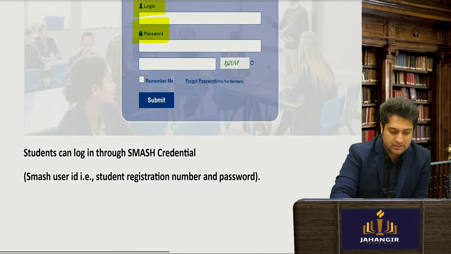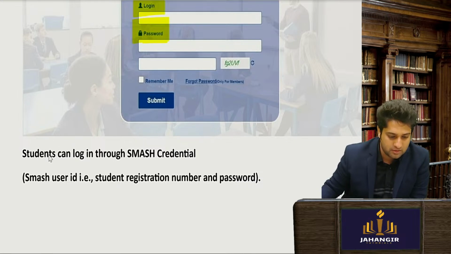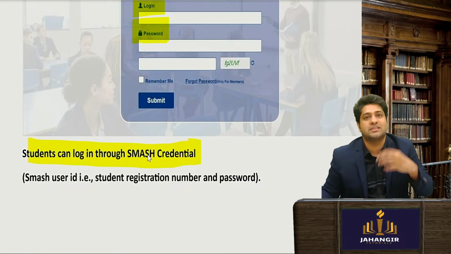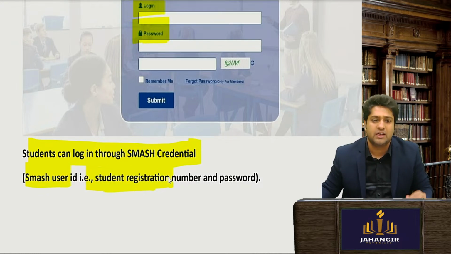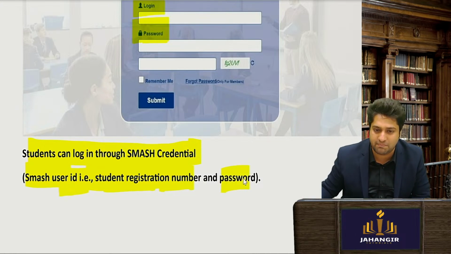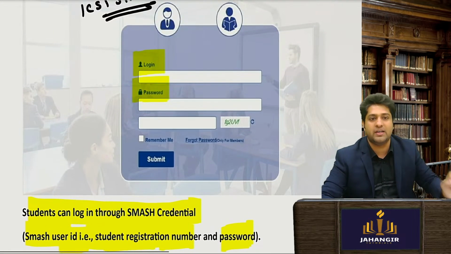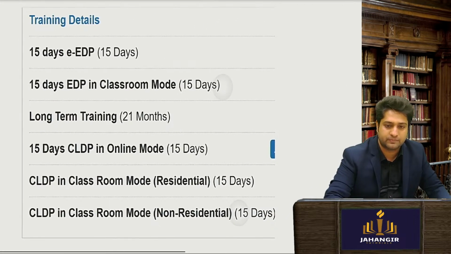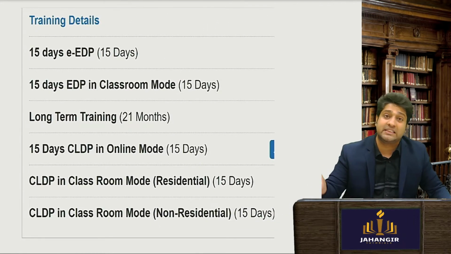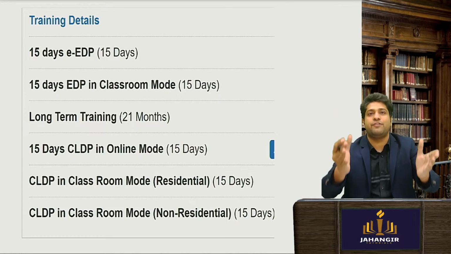So listen to this. Students can log in through the ICSI Smash credentials only. Your student registration number is your user ID, and the password is what you have selected. Put it here and you will log into the Stimulate portal, and this is what you will see as the interface.